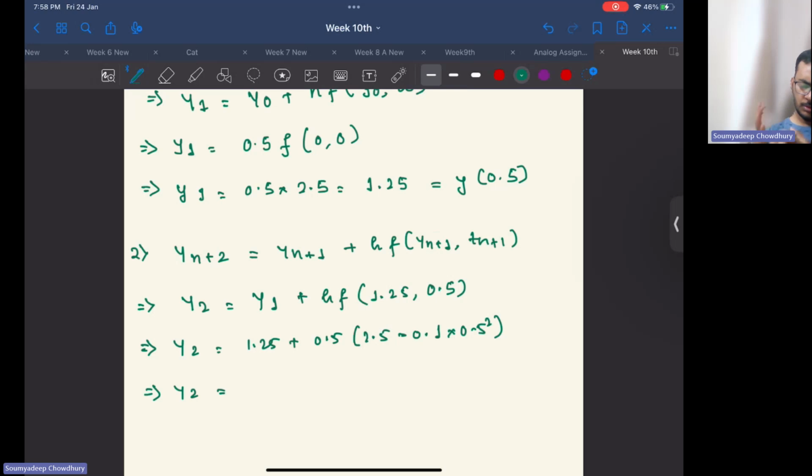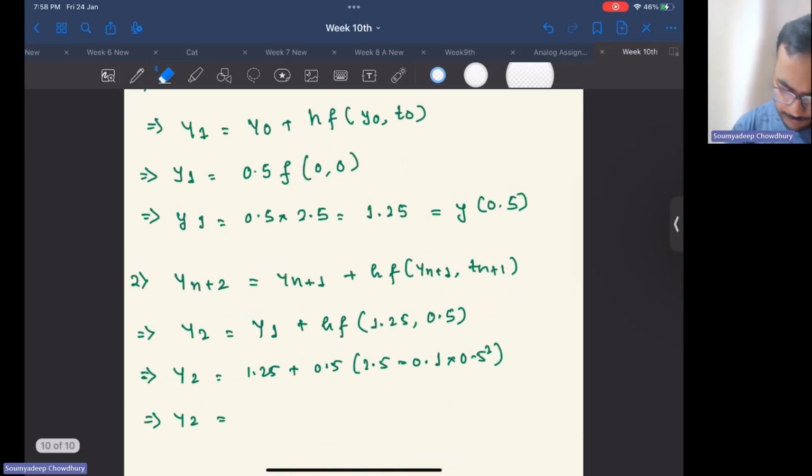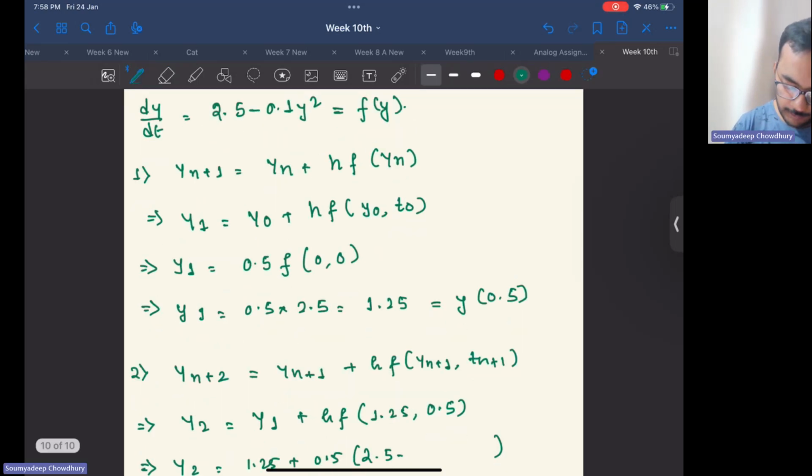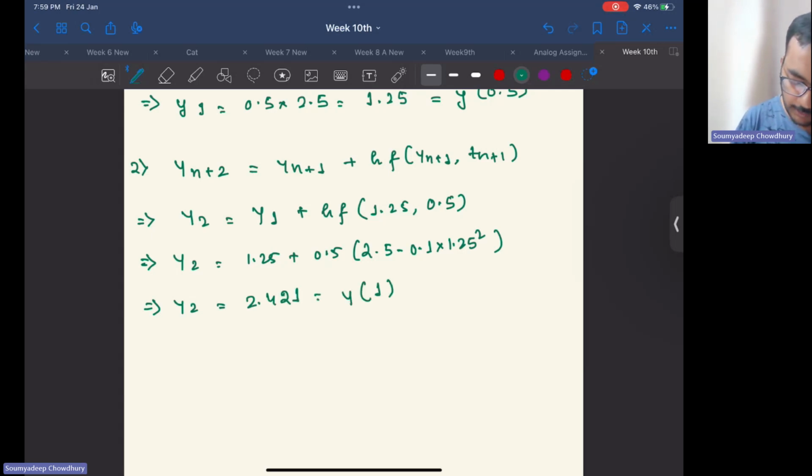Sorry. 2.5 minus 0.1 into y square, where y is 1.25. So this will give me 2.42. This is my y of 1.